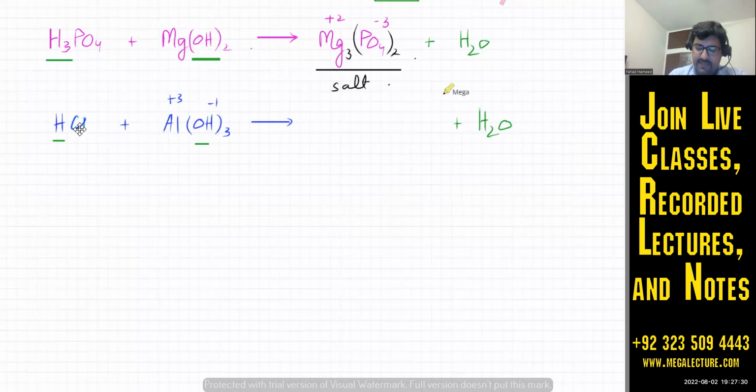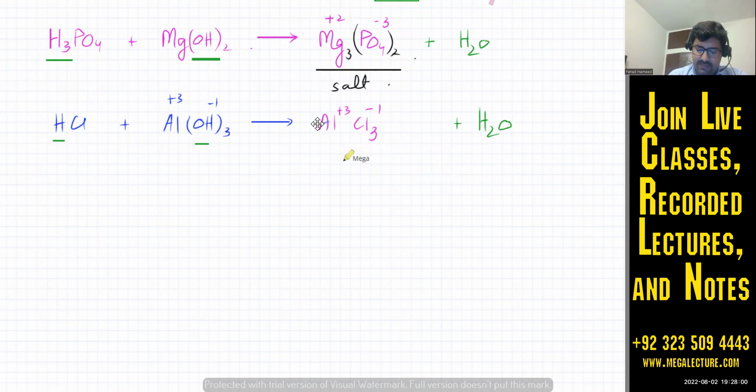These are the things that are left behind. Al is group 3, so that's +3. What is the charge on Cl? It's group 7. Group 7 means -1, right? So what will be the formula? It's going to be AlCl3. That's going to be the formula of the salt. So acid plus base produces salt plus H2O. And this is definitely not balanced. There's only 1 Cl on one side, and 3 Cl here. We don't care about balancing. I'm just doing crisscross, just making basic formulas.